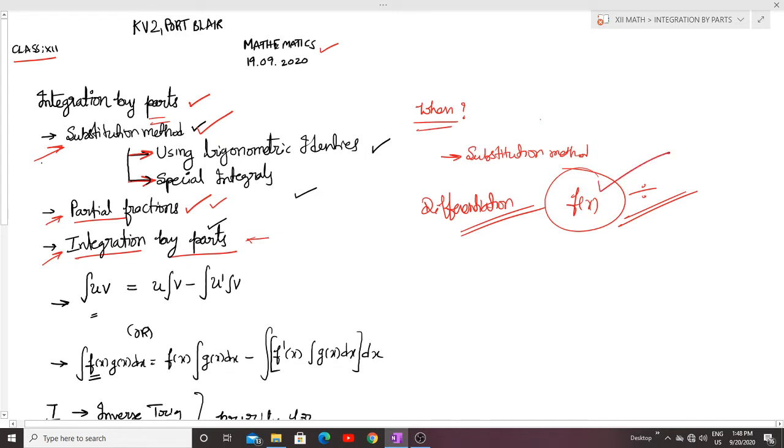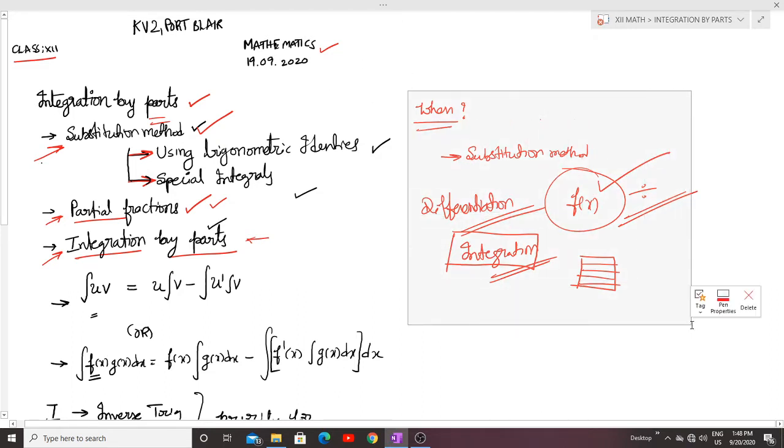But in integration, many pieces are given, you have to integrate them, but they must belong to the same category. That's why integration can be done only for some special functions, not for everything. Some functions may not have any integration. Try to remember that. That is the reason we learn different methods for integration.